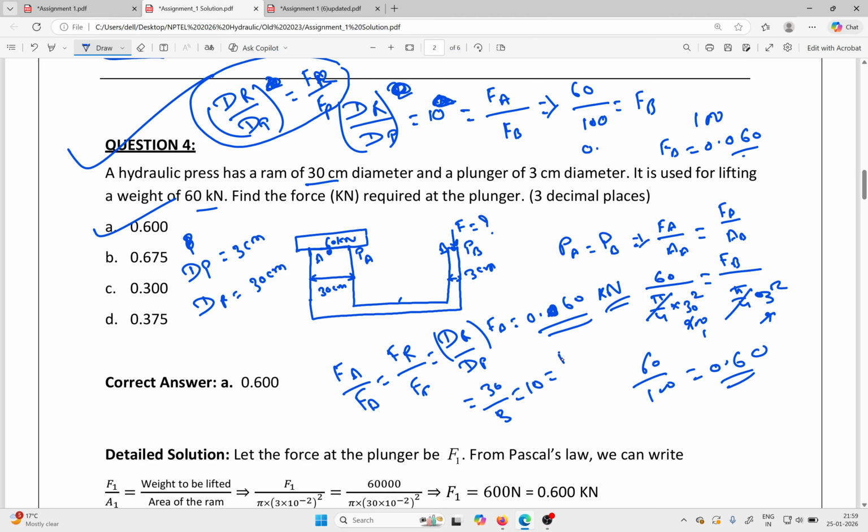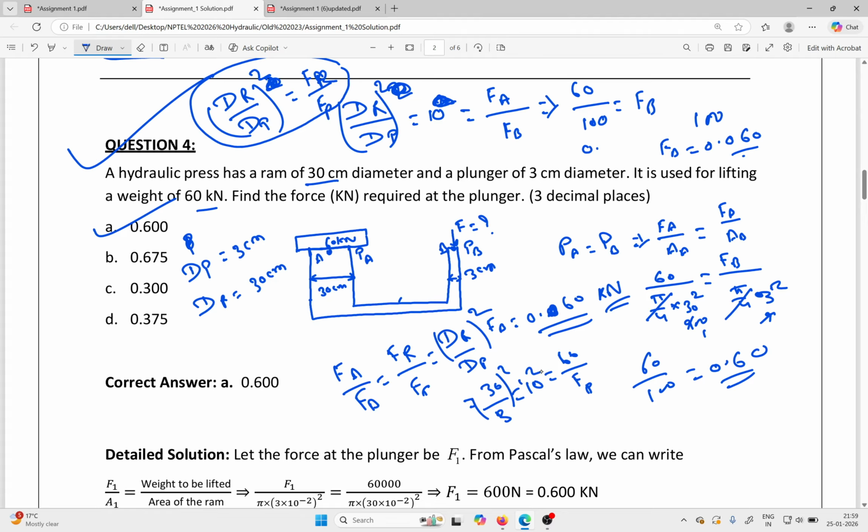So FR is 60 divided by F plunger. So F plunger will be, no, this will maintain the square. Okay, sorry. Remember, please. Okay, that's why I was checking.